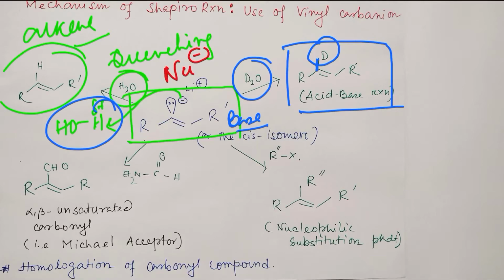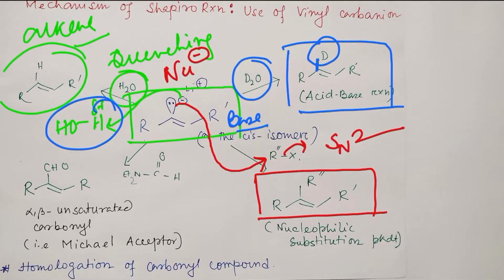So what happens, this nucleophile can attack an alkyl halide via SN2 fashion, and it may result in this substituted alkene derivative. So this is actually an example of a nucleophilic substitution reaction.